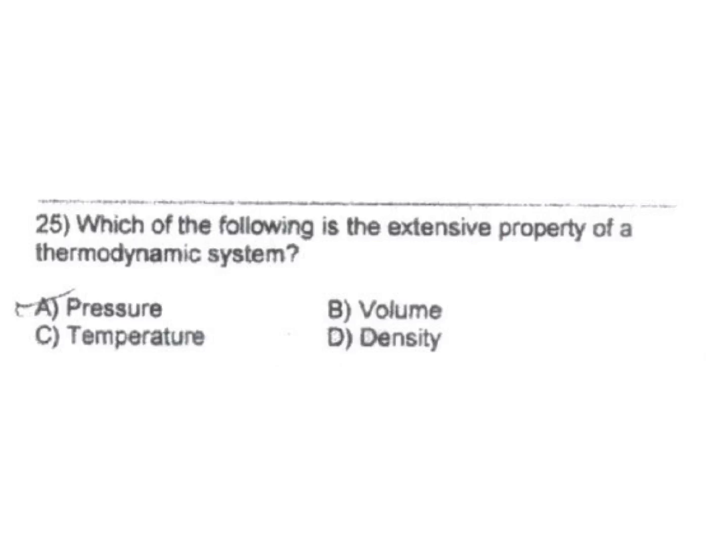Which of the following is the extensive property of a thermodynamic system? Extensive property depends on volume or mass. If mass changes, that property also changes. If volume changes, that property also changes.